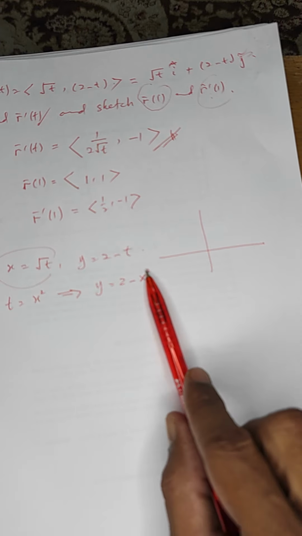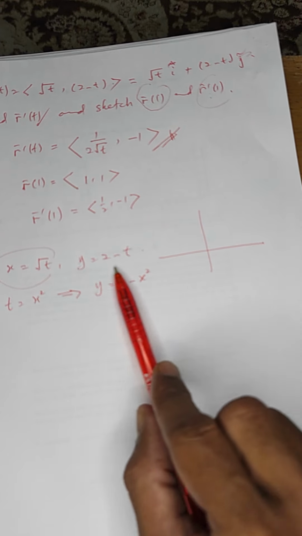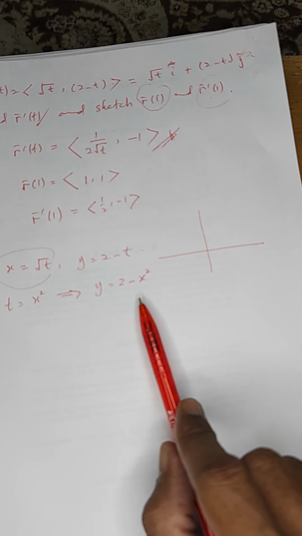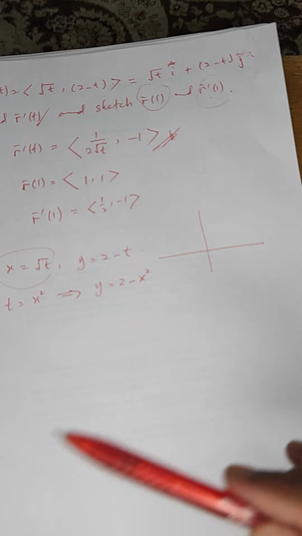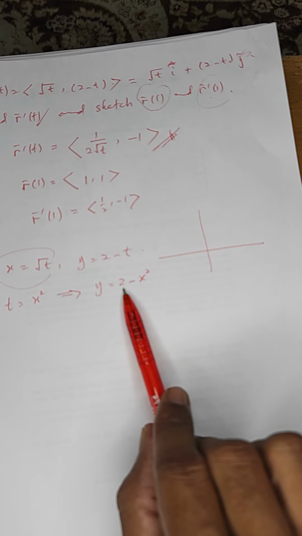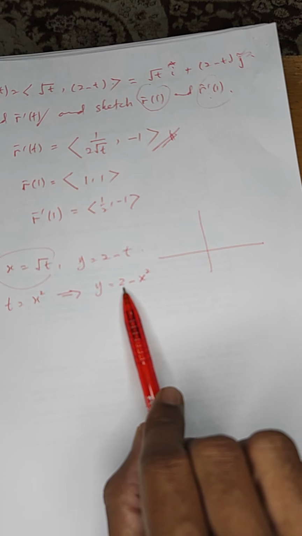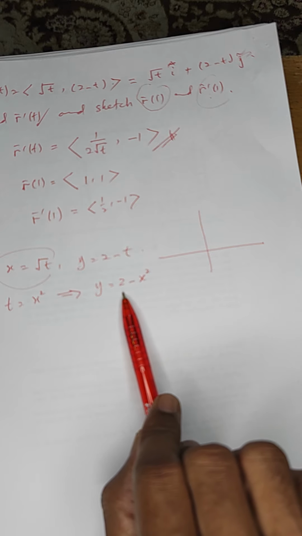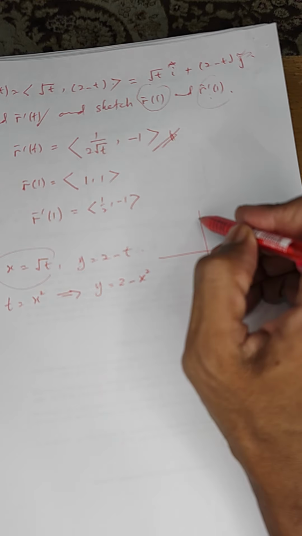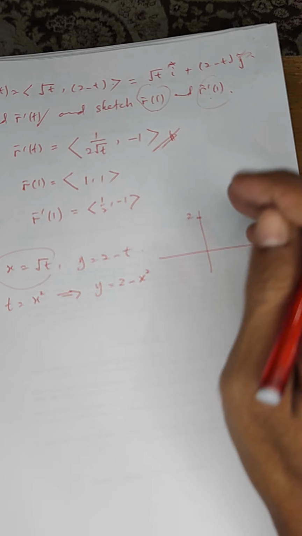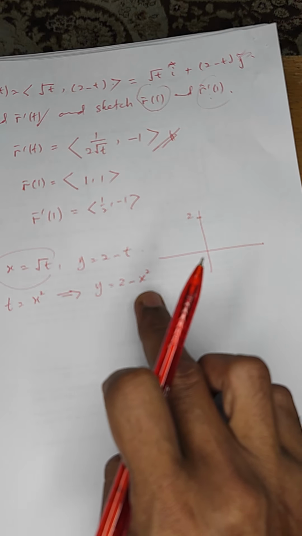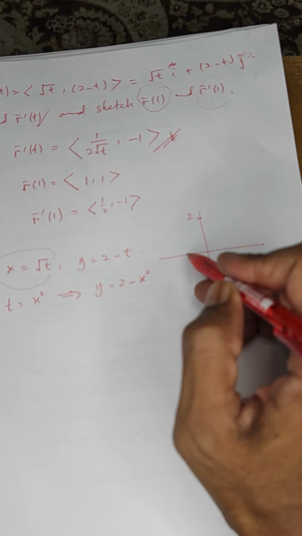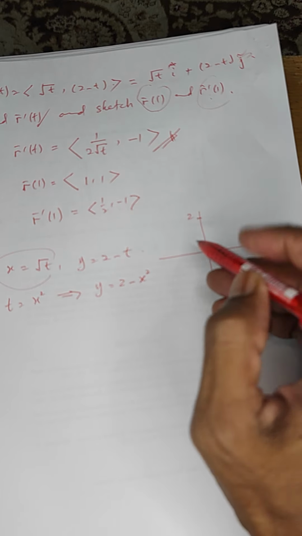It is a curve like a cup upside down, crossing the y-axis at y equal to 2, and crossing the x-axis at plus or minus the square root of 2.